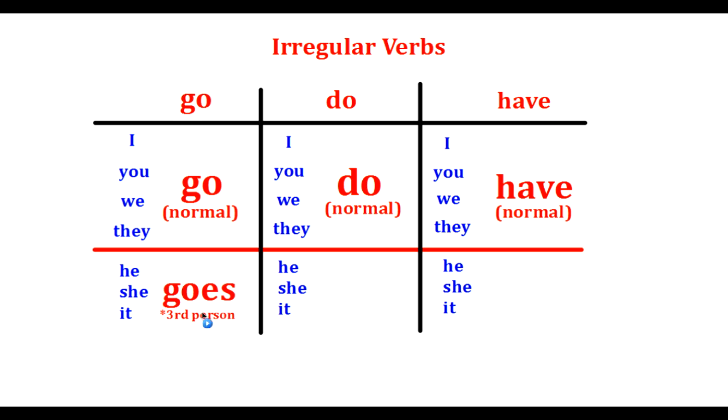For example, goes, does, has. Again, the third person conjugation is irregular. Goes, does, and has for he, she, and it. Very good.